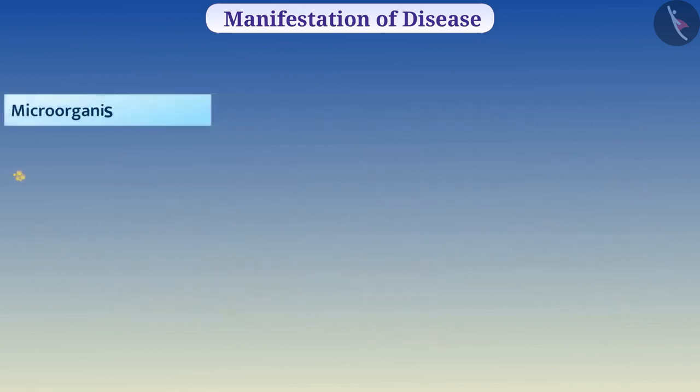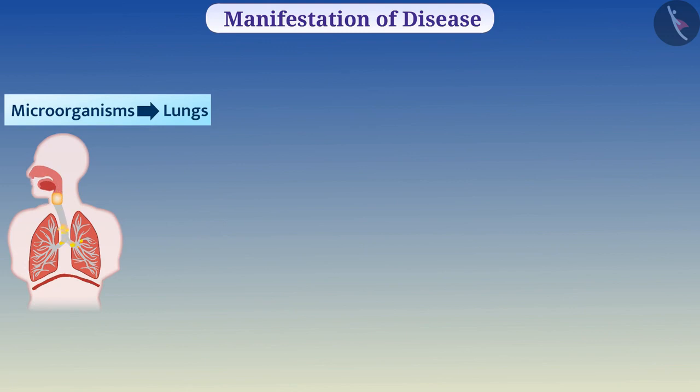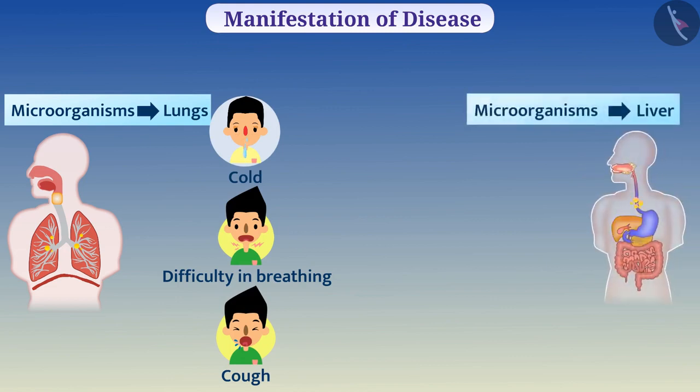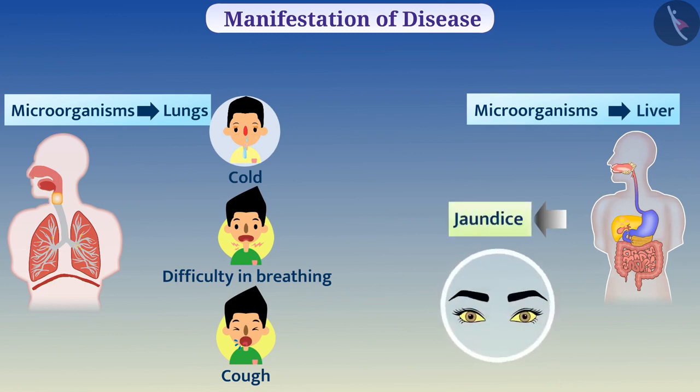If microorganisms live in the lungs, that is, lungs are the target, then the symptoms will be cold, difficulty in breathing, cough, etc. Similarly, if the liver is the target, then the symptom will be jaundice.